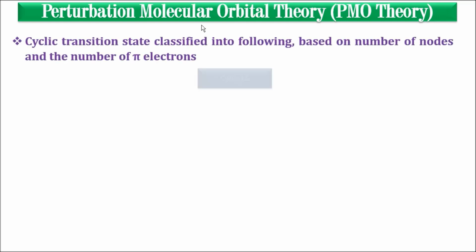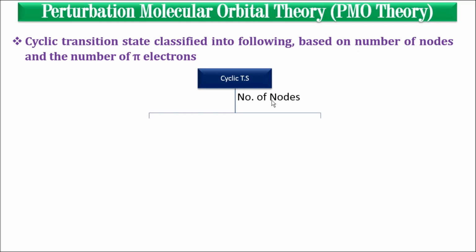So you take the cyclic transition state because pericyclic reactions always proceed through a cyclic transition state. So here in the cyclic transition state, if the number of nodes is even or zero, that is called a Huckel transition state.